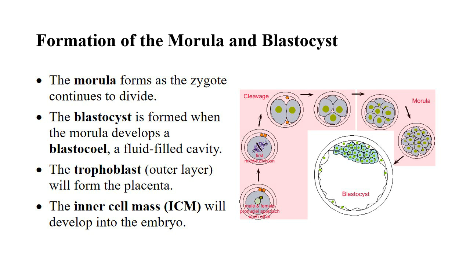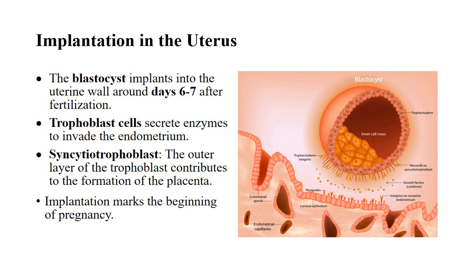Fourth, implantation. Implantation occurs around 6 to 7 days after fertilization, when the blastocyst attaches to the endometrial lining of the uterus. The trophoblast cells invade the endometrial lining, and enzymes are secreted to facilitate embedding.